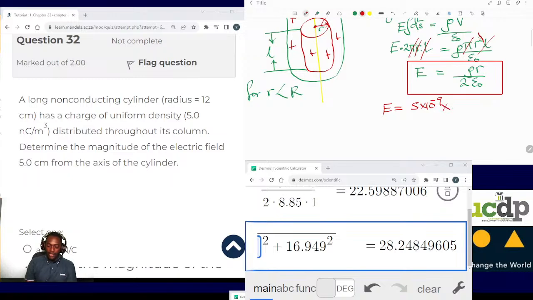We've been asked to calculate it at 5 centimeters, which is 0.05, over 2 epsilon naught, that's 8.85 times 10 to the negative 12. And what you remain with is punching. Let's go back to our calculator and punch that.